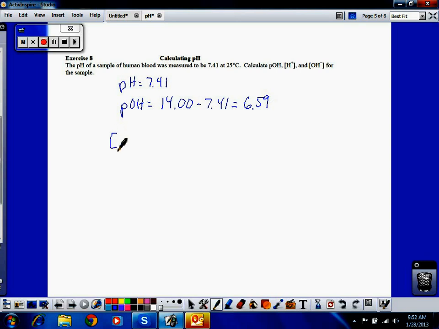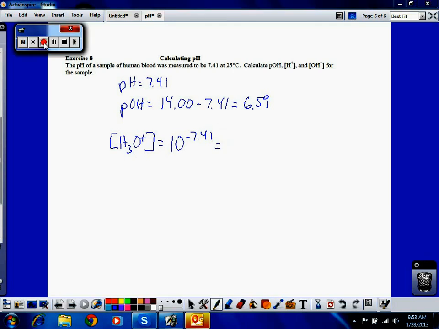So the concentration of H+, which is really the concentration of hydronium, which is what I'm going to use, is 10 to the negative 7.41, which equals 3.9 times 10 to the negative 8th molar.